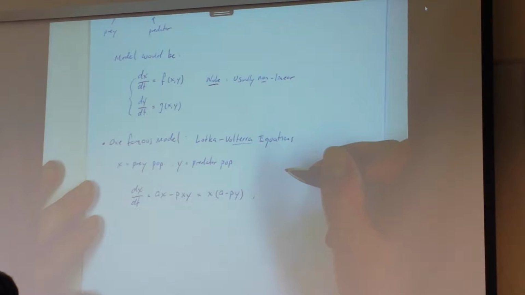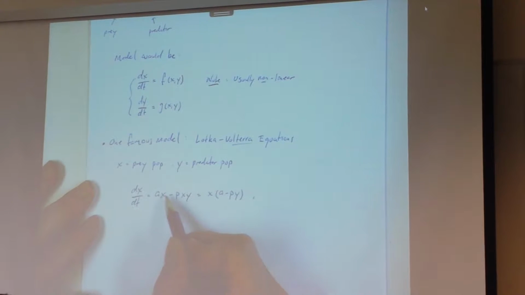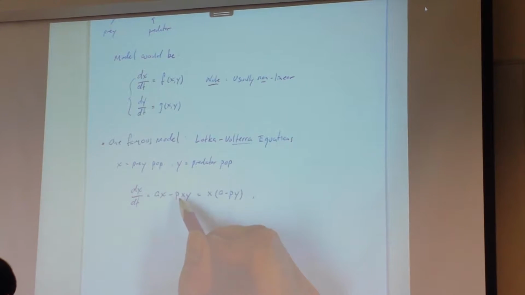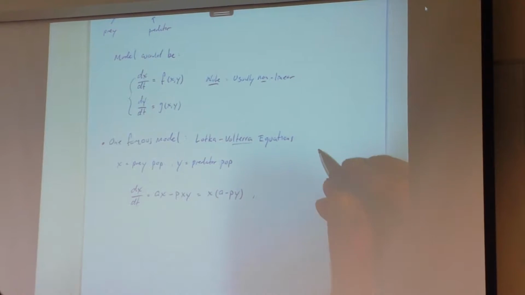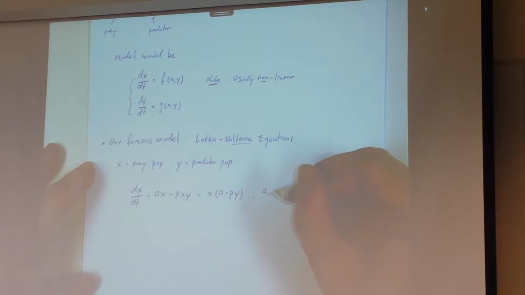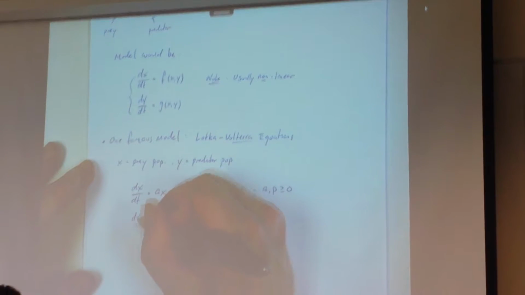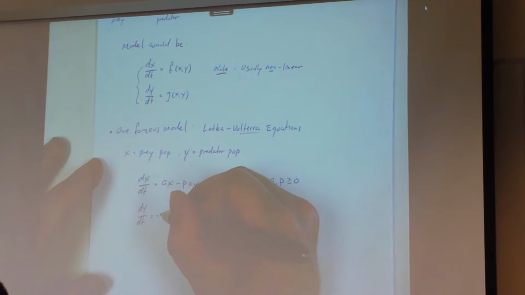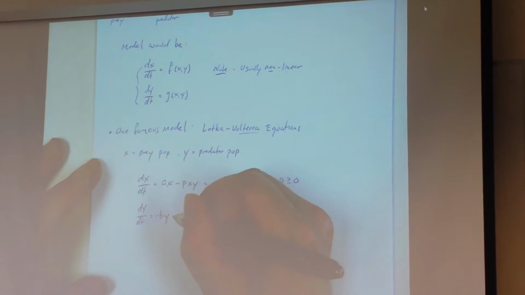And that's for positive a and p coefficients. So we're not going to allow a and p to be positive or negative. We're just going to say all the coefficients here are going to be positive. So a and p both greater than or equal to 0. And dy/dt equals negative by plus qxy.